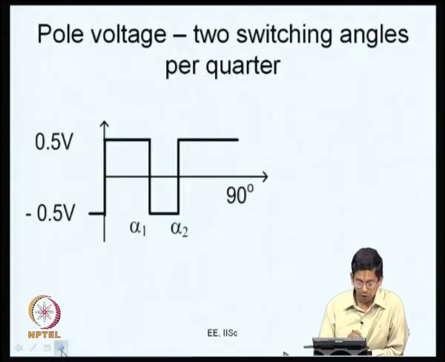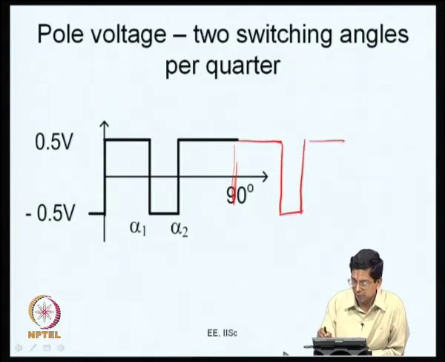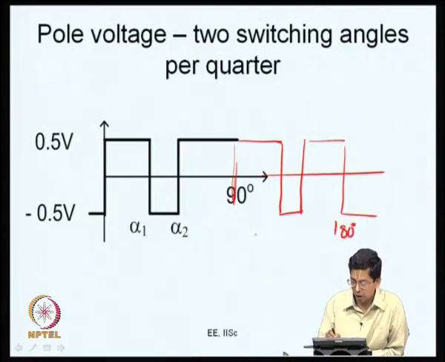So, what we will look at is this problem of two switching angles per quarter, and once again let me reiterate, only one quarter is being represented. If I want to extend this, I can extend it like this. So, this will be 180 degrees, and what is this angle?